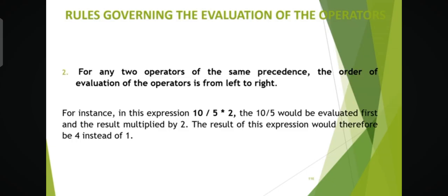So in this case, we have 10 divided by 5 and then multiply by 2. But we know moving from left to right, division comes before multiplication. So that means that we'll be doing 10 divided by 5 first, then multiply by 2. So 10 divided by 5 will give us 2. 2 multiplied by 2 will give us what? 4. This clear? Yes. Okay, great. So that's the second rule.